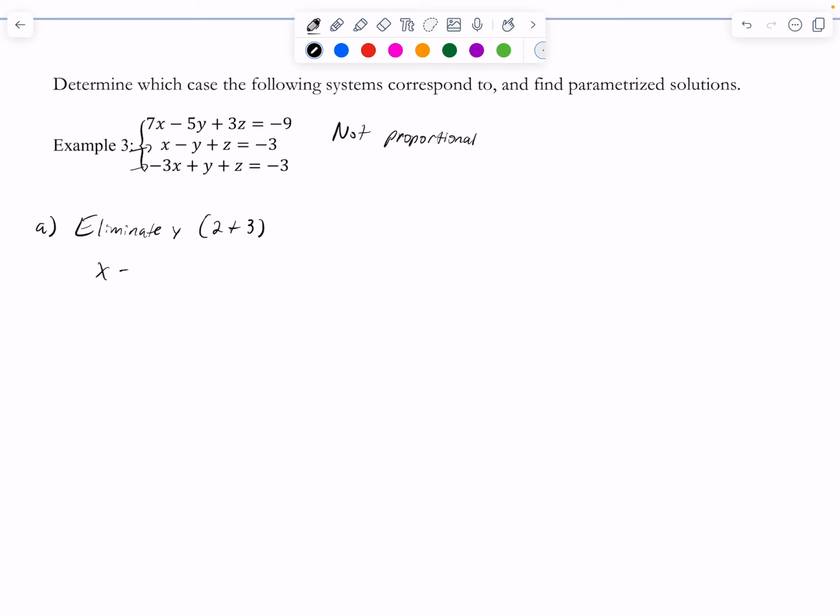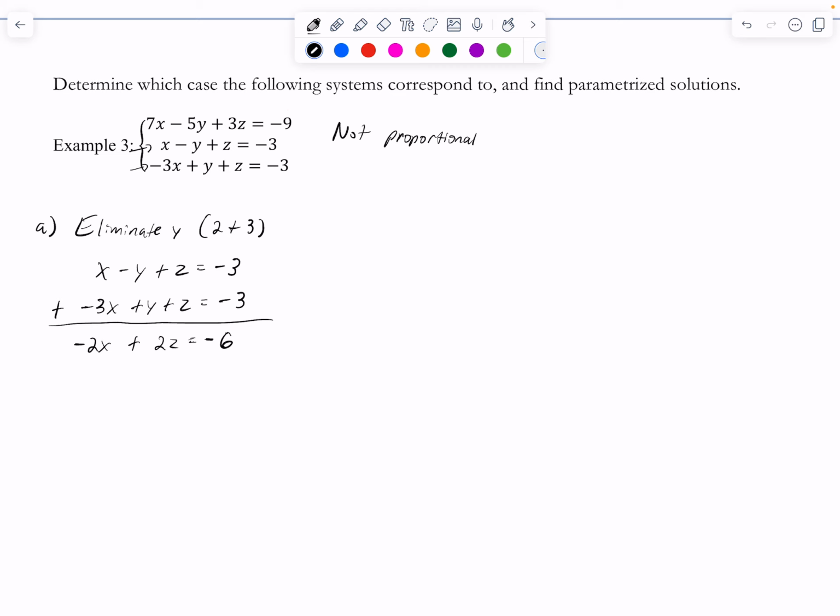So write those down. x minus y plus z equals -3. -3x plus y plus z equals -3. So I'm going to add, because that would make 0 for y. 1 plus -3 is going to be -2x. The y's are gone. z plus z is 2z. And -3 plus -3 is -6.